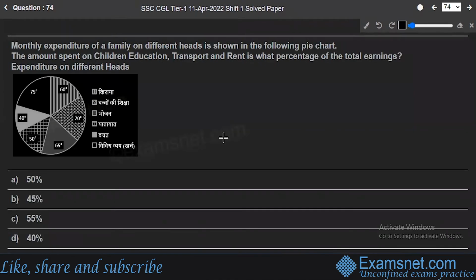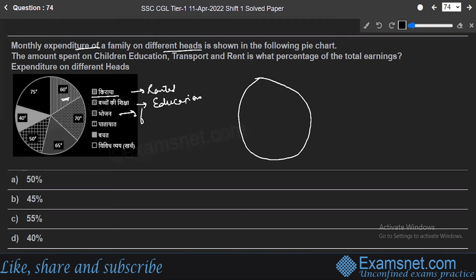So let's start with question number 74. It says the monthly expenditure of a family on different heads is shown in the following pie chart. See, you use pie charts when you have to represent parts of a whole. These are the fractions which are showing. This one is showing the rent, sorry, expenditure. This one is showing the education for children.